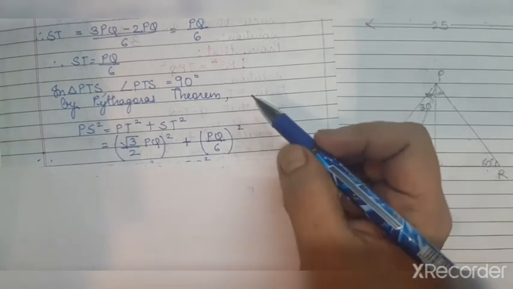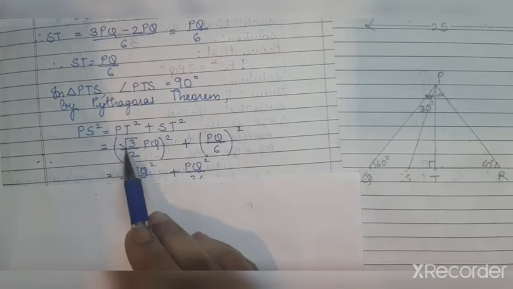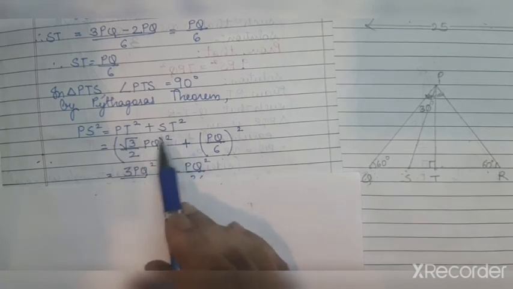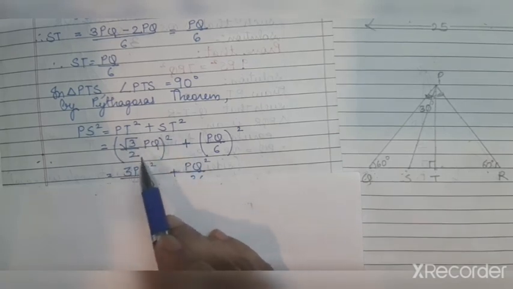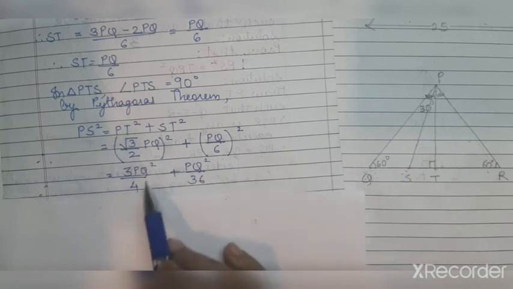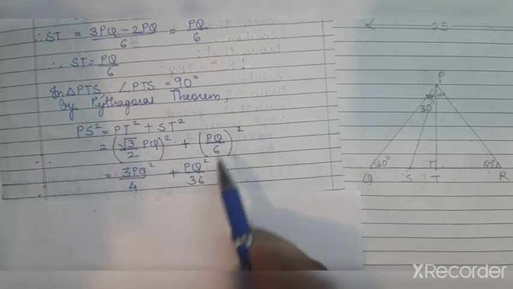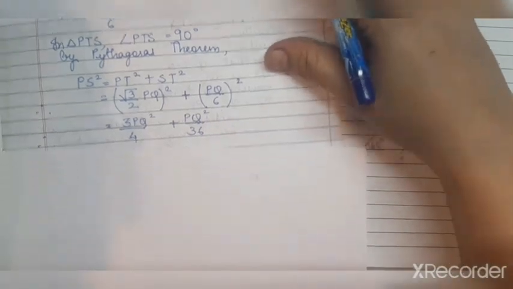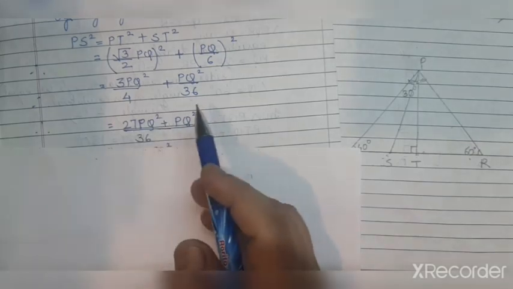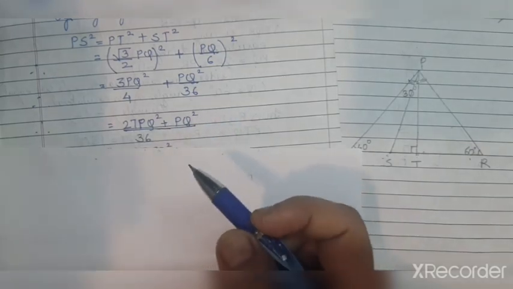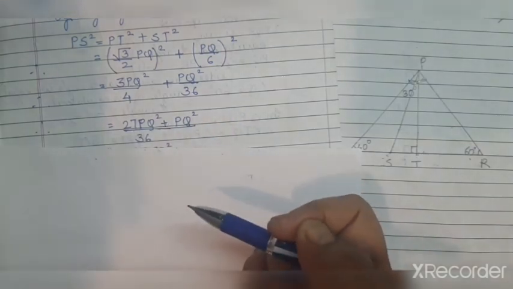Now we just have to solve. Root 3 square, the root gets cancelled, we'll get 3. Then PQ square and 2 square is 4. Plus PQ square upon 6 square is 36. After that, same as I told you, we cannot solve fractions with different denominators, so we have to equalize the denominator.